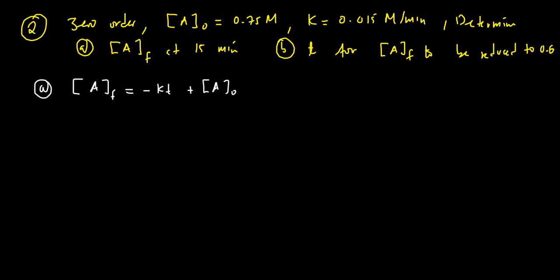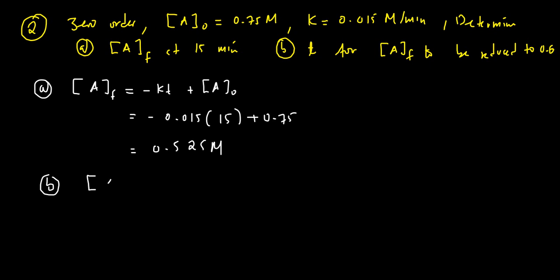K is 0.015, the time is 15 minutes, and the initial concentration is 0.75. If you punch that on your calculator, you get 0.525 molar.